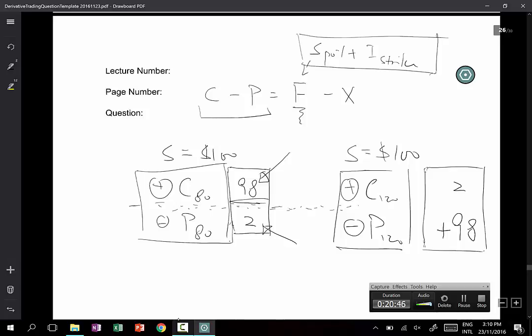So if interest rate changes, how does it affect the left hand side and the right hand side? Well, it affects both sides the same, because this is an equality. So when interest rate changes, it would impact the F on the right hand side, and it would impact the C and the P on the left hand side.